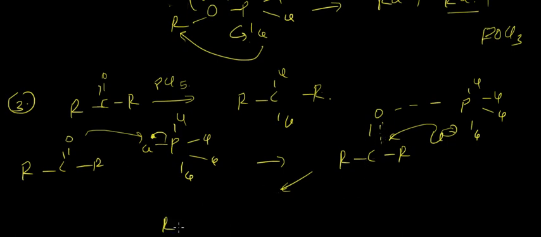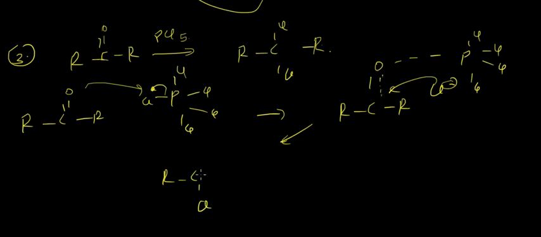So what will be the intermediate? This will be the intermediate in which we have O forming a bond with PCl4, and this is an R again. Okay, so this is the intermediate we get after the first step.